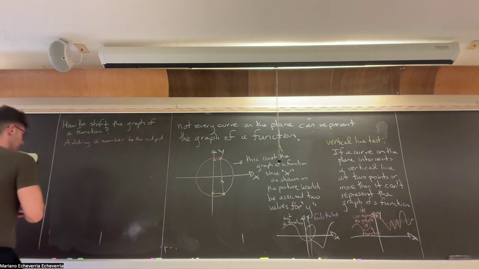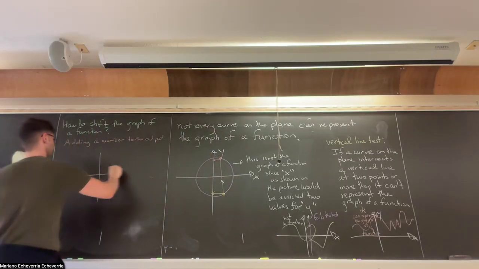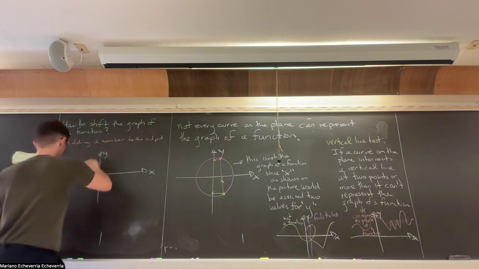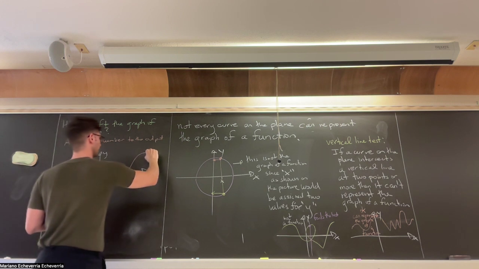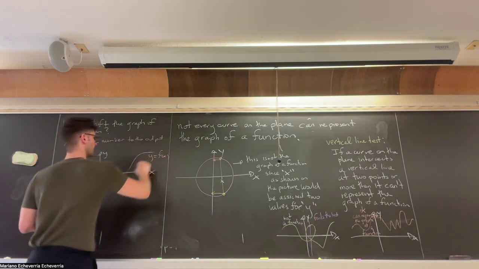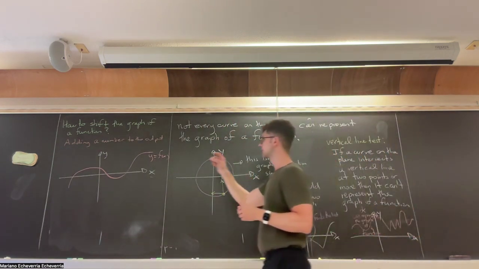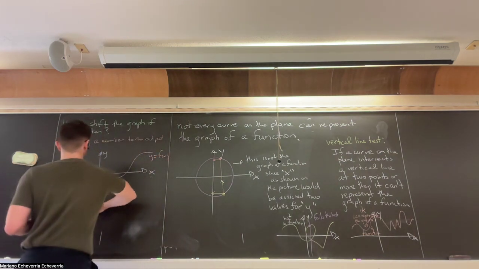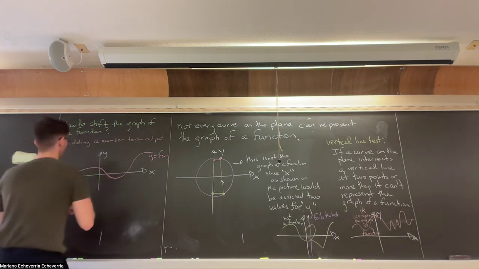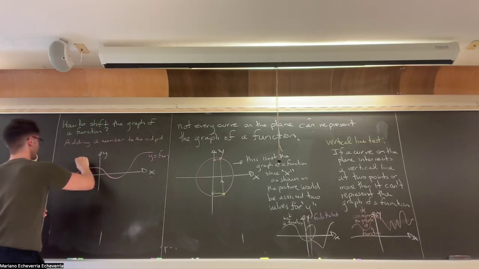By that I mean, let's say you have a function, and I'm going to add a number to the values the function is taking. I want to move every value the function takes by a constant amount. Imagine drawing a bunch of vertical lines.